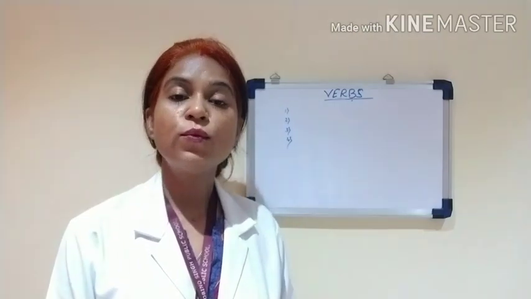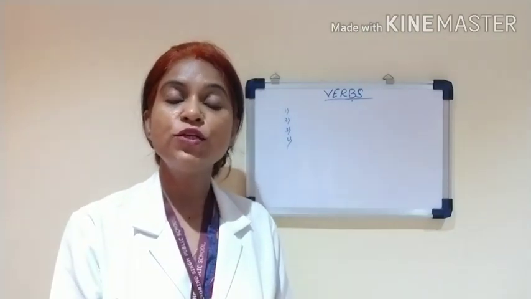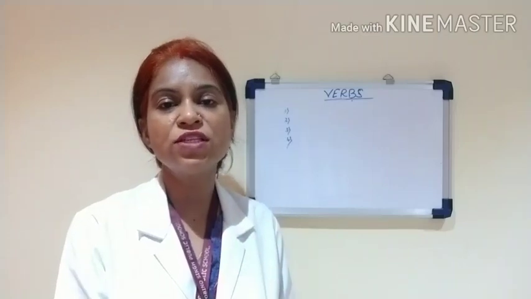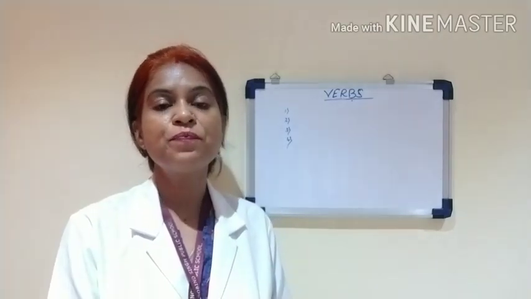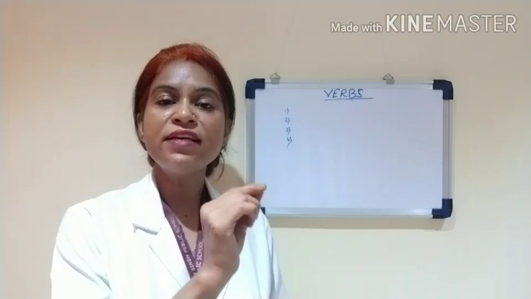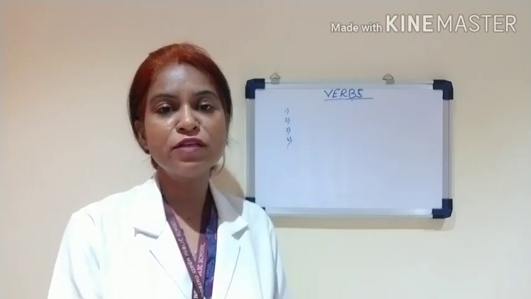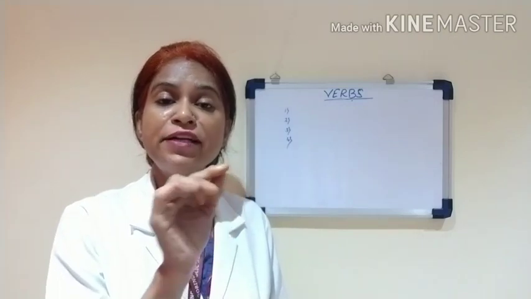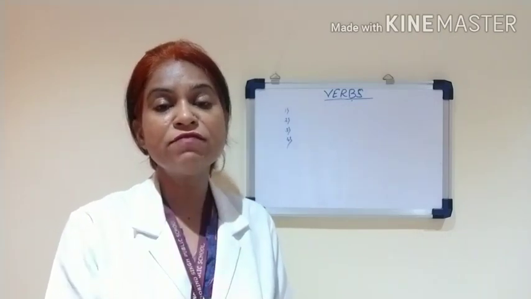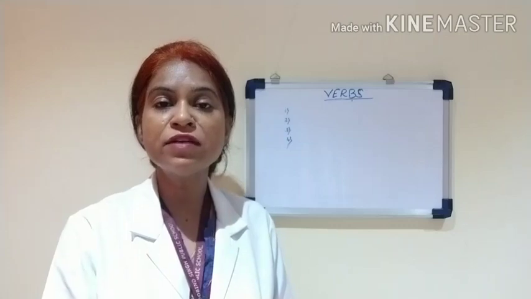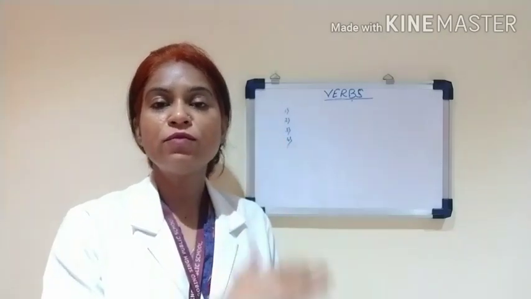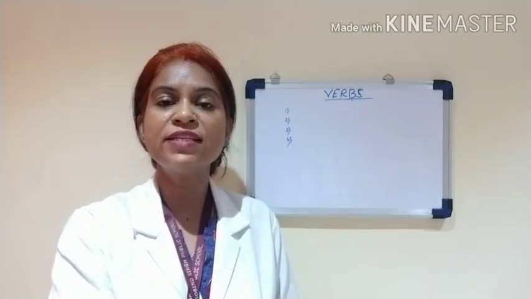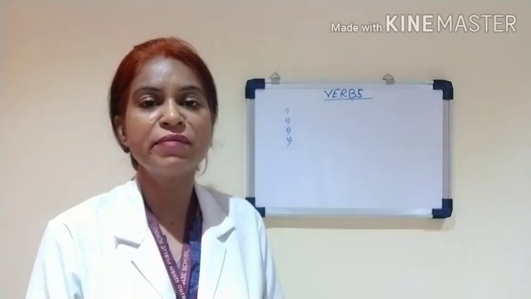Till here, whatever we have studied, you will be able to find out whether the verb is transitive or intransitive. You can easily find the helping or auxiliary verb, and identify which one is the linking verb and which is the main verb. You will get exercises on this in your assignment.